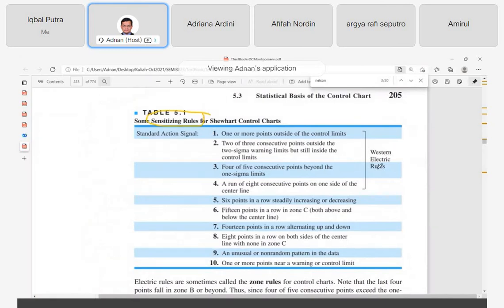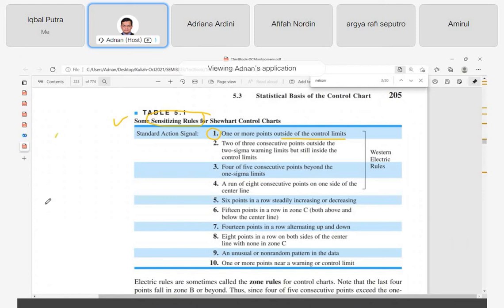There are some overlaps because different researchers and scientists come up with different sets of rules, but in this book they compile them into the synthesizing rule. The easiest rule that we use so far is one or more points outside the control limit.